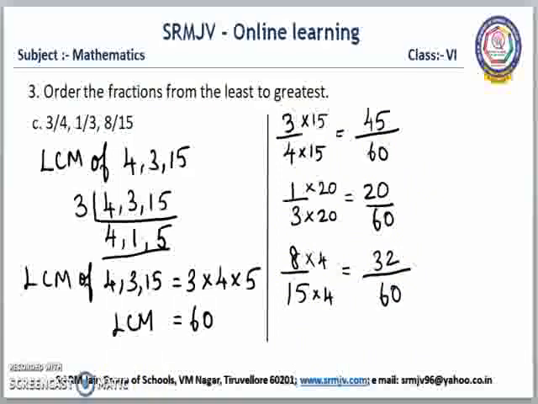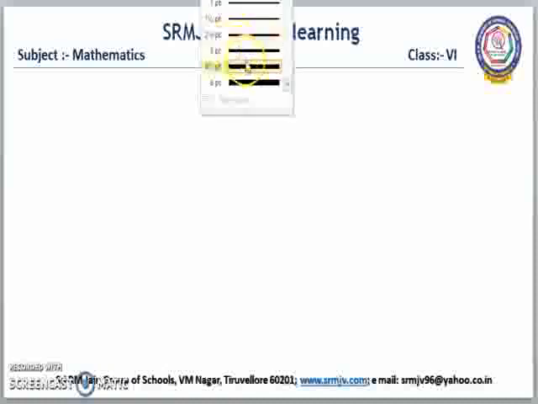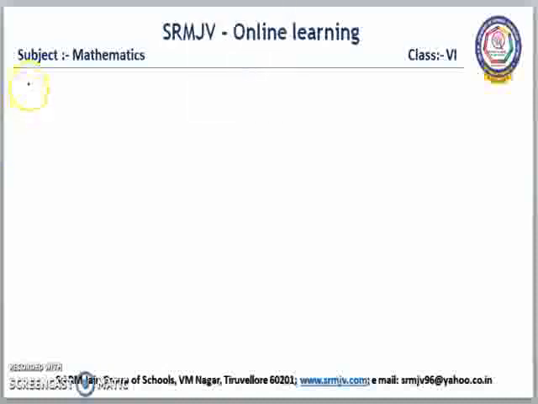Now we have to compare these like fractions. The fractions we got are 45 by 60, 20 by 60 and 32 by 60.